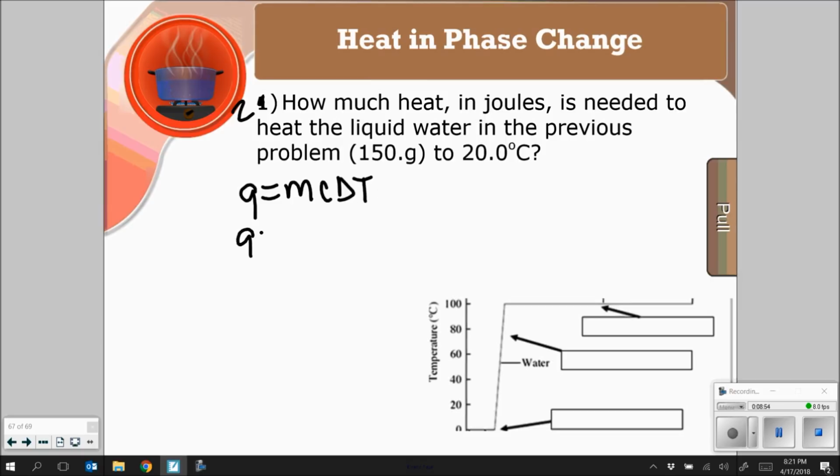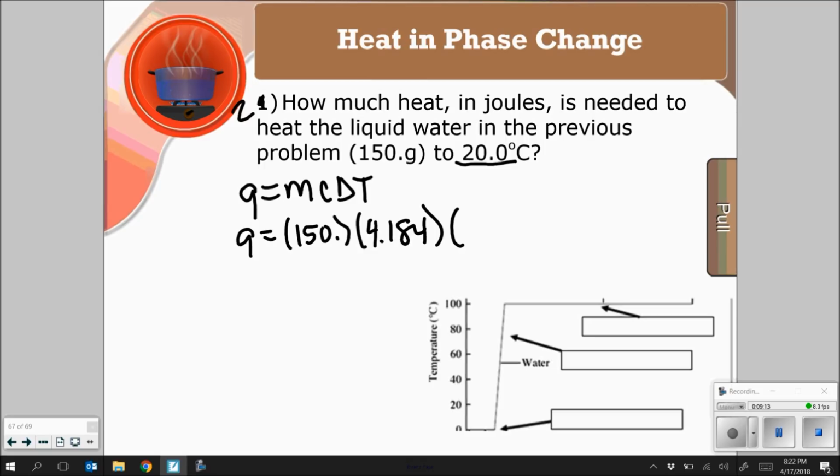So Q value is going to be our mass times the C value for water, because we're at liquid water at this point, so it's 4.184. And my change in temperature, it doesn't give me an initial temperature. I have the final temperature here at 20.0 degrees Celsius.